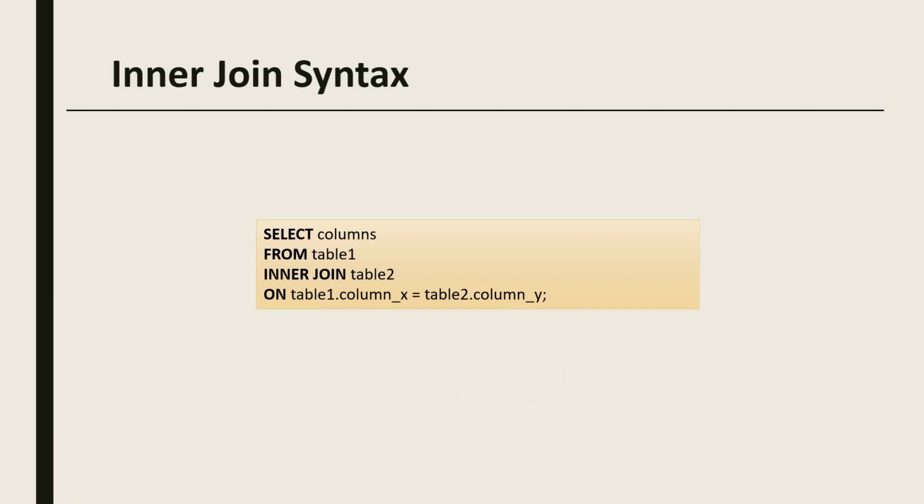The ON keyword indicates that we need to map the common columns of both tables. Suppose column X in table 1 and column Y in table 2 both have the common values. One more important thing is that the values in that column should be unique.